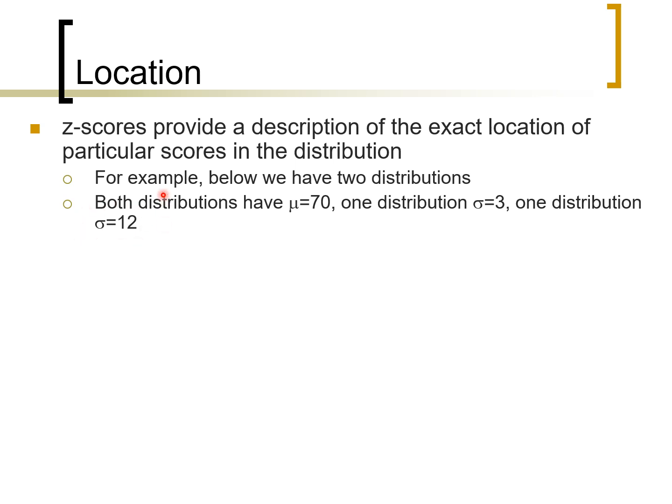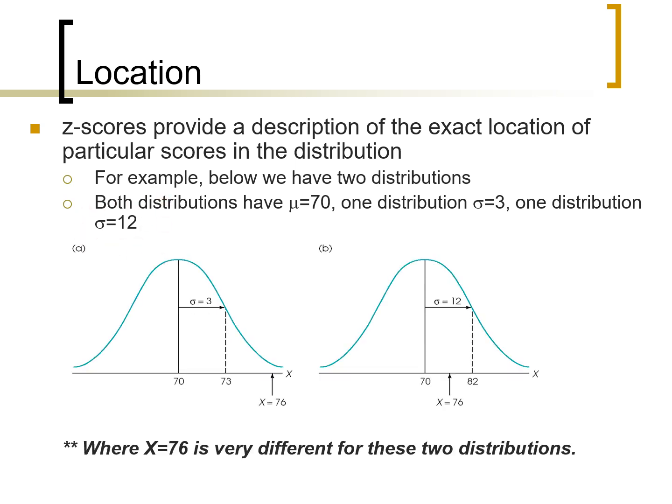We had a slide showing this previously. And bringing that back up, with our raw score x of 76, this x score looks substantially above the mean when the standard deviation is small, but not meaningfully above the mean when the standard deviation is big.